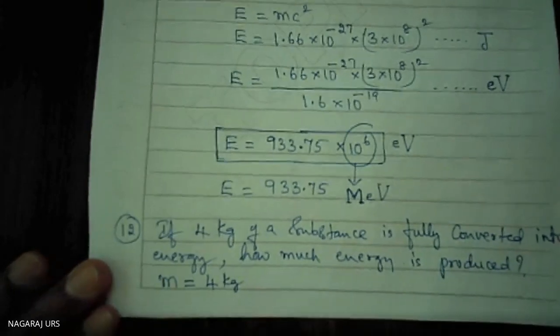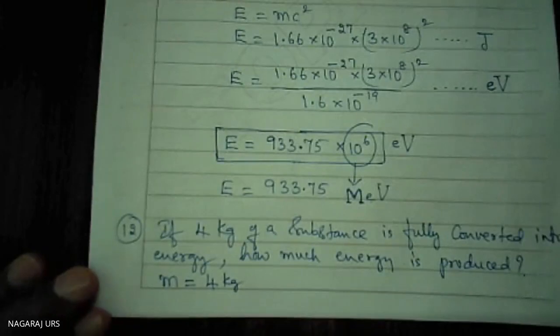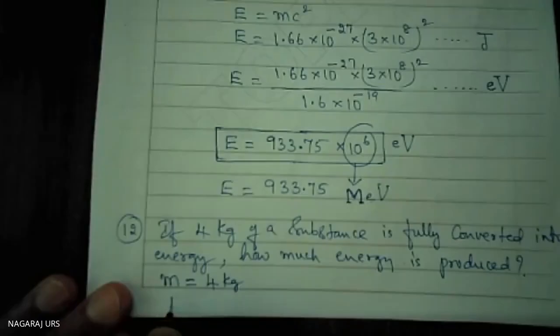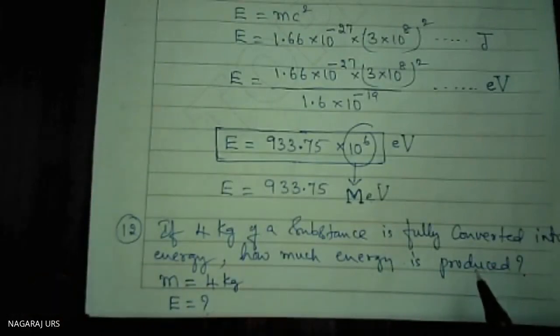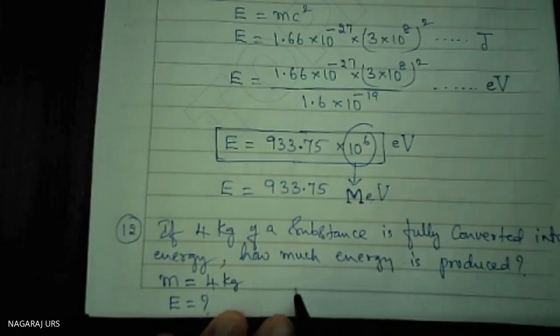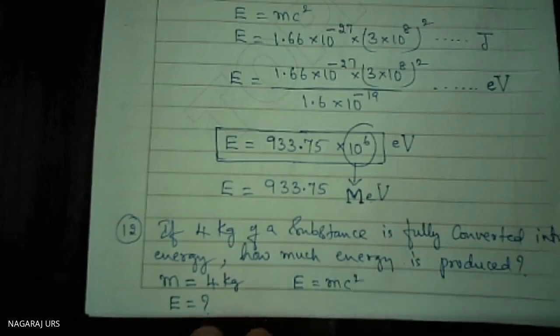What is to be determined? Energy, represented by E. He didn't mention eV or something. Therefore, the conventional way that we are supposed to solve it. What is that? E is equal to mc square. C is the known thing now. You know about that.